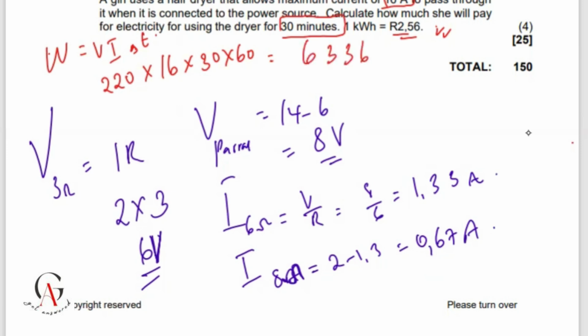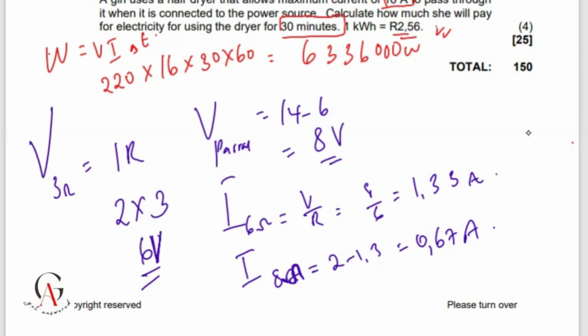But 1,000. These are watts. Are they watts? Are they joules? Okay. Then I can change this to kilo. Wait a minute.